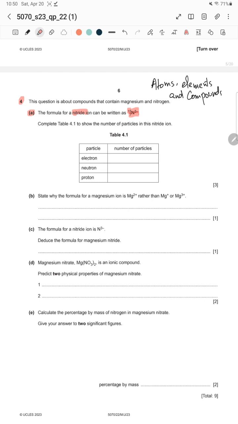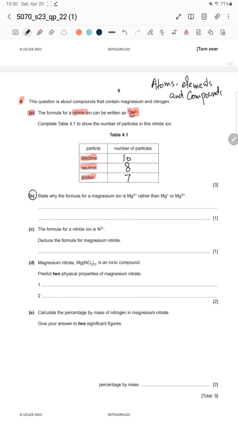Complete the table. You have to write the number of electrons, neutrons and protons. That's very simple. So number of electrons here will be 10 because it is -3, 7 plus 3, that will be equal to 10. Number of neutrons 15 minus 7, that will be equal to 8. And number of protons here are 7.